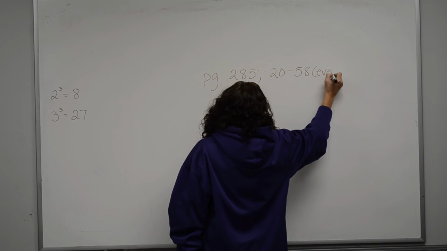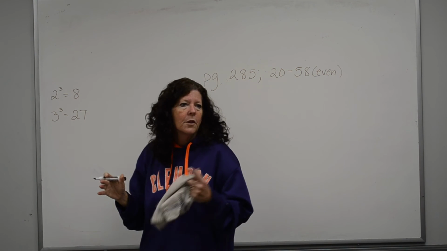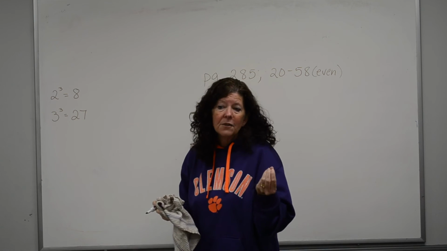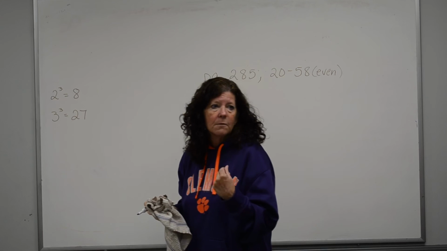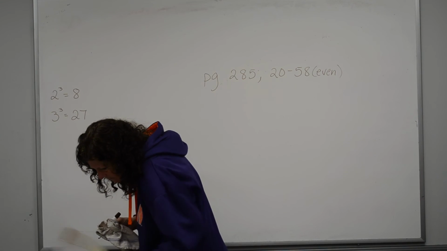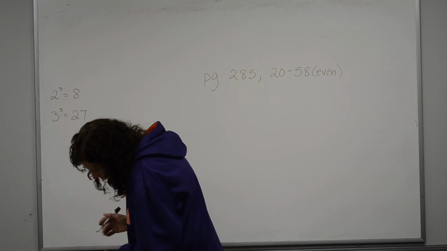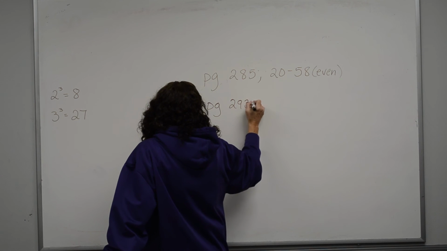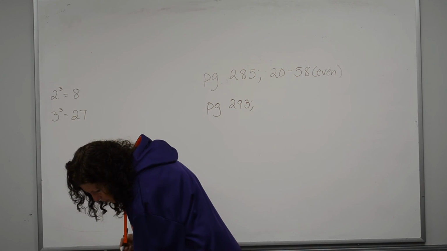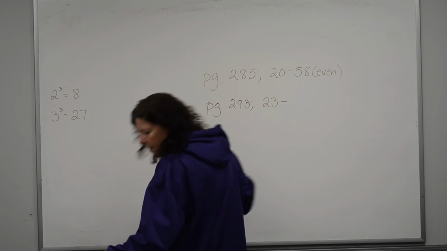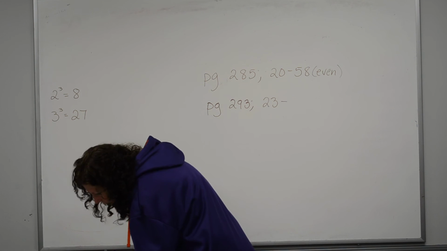Now all of these are going to come out where the variables come out whole. You might have to use your calculator for some of the numbers. And then on the second section, on page 293, I want you to do... it's going to sound weird because we didn't get this whole section done, so it's going to be haphazard here.